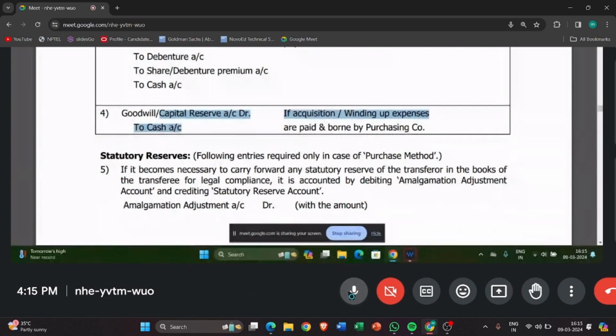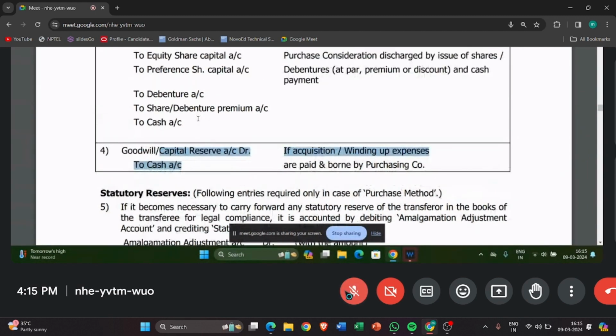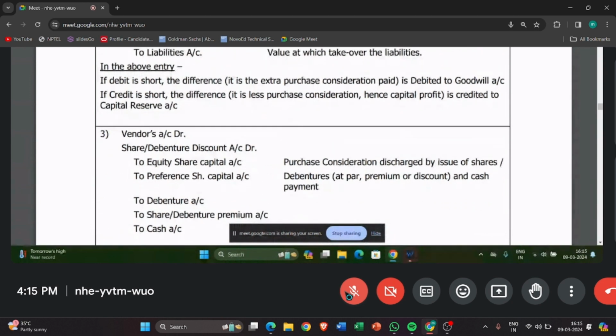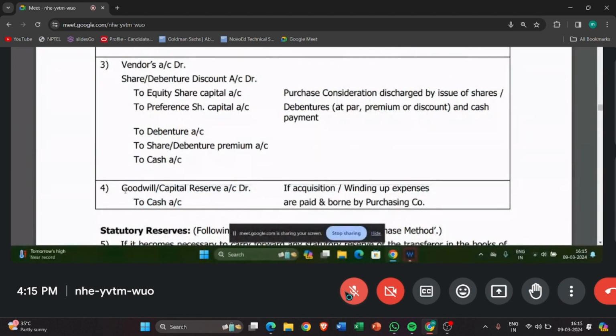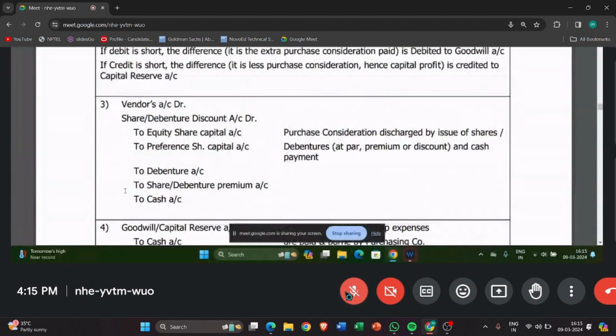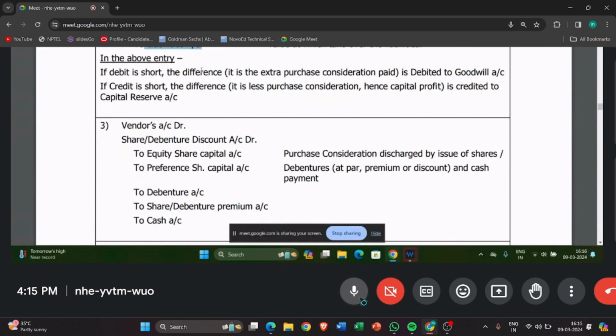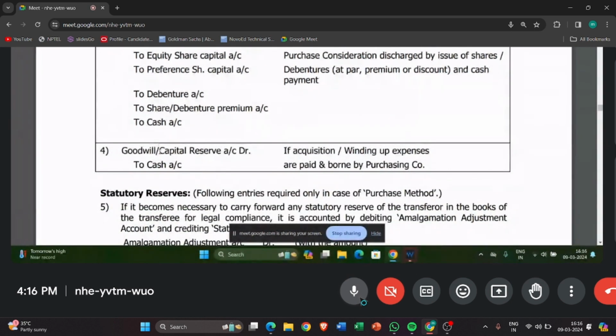And this amount will be adjusted in the new balance sheet. If you got goodwill to cash, you have two goodwills now, one in the second entry and one in the fourth entry, so you will write the total of both in your balance sheet. If you got capital reserve in the credit, and here you have capital reserve in the debit, you will take the net amount to the balance sheet.